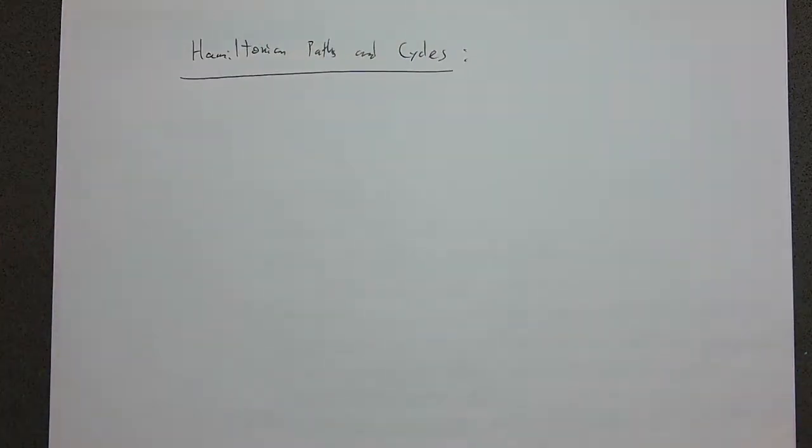So, Hamiltonian paths and cycles. You may have heard the word Hamiltonian before in a different context, maybe from physics or mechanics, differential equations, solving exact differential equations, things like that, or finding an integral for a system of differential equations. But in this context, it's going to mean something different.